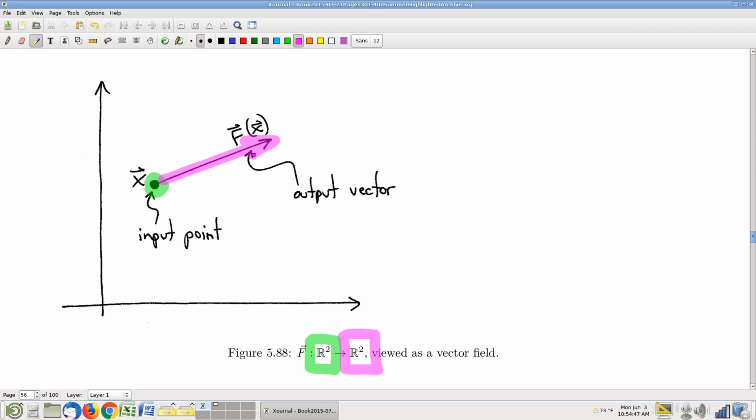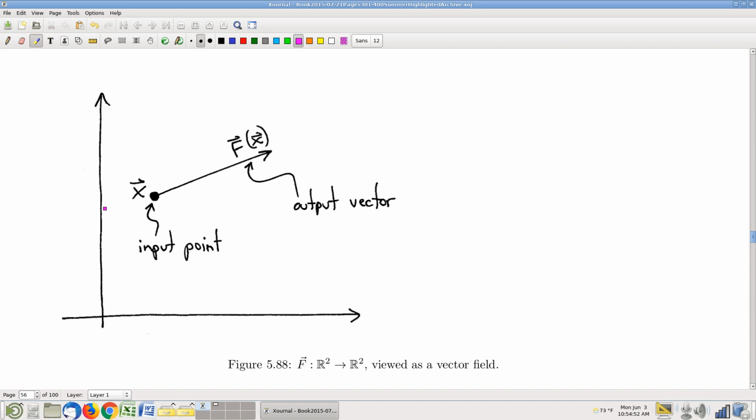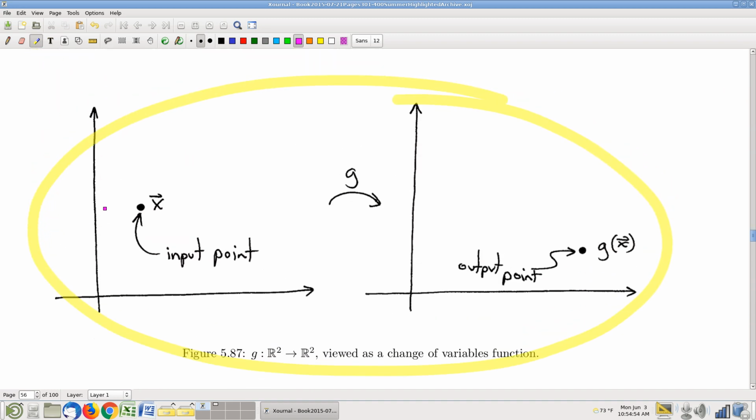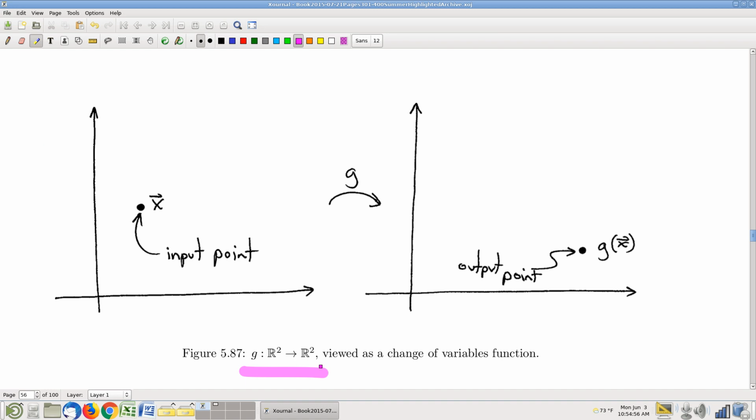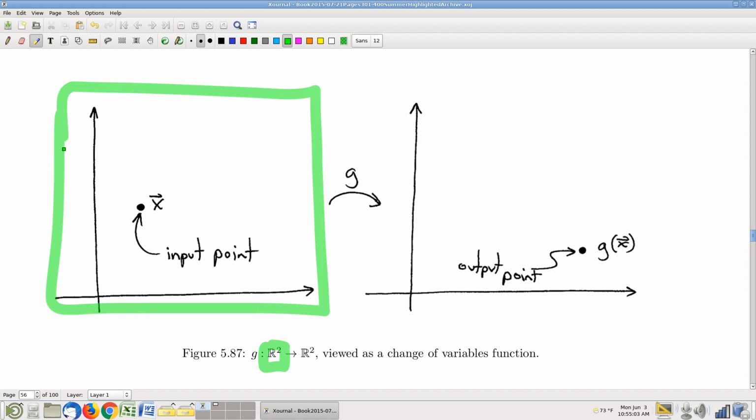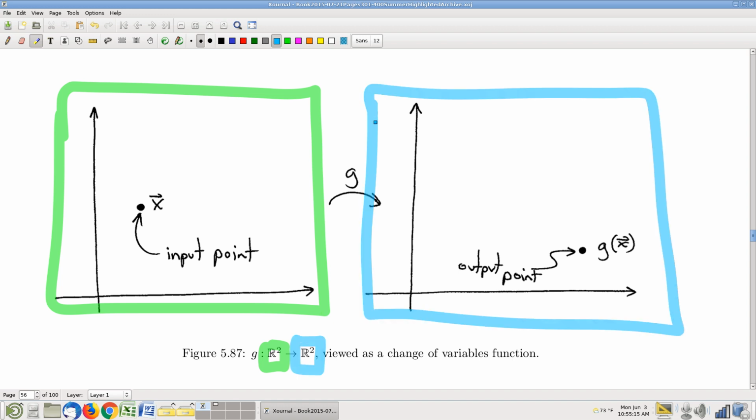Now, I do want to point out, to recognize the potential confusion and hopefully reduce it, that there is a different way to think of a function from R2 to R2. The input, the domain, is some little world over here, and the output is some little world over here. For example, you might think of such a function as a change of variables function.